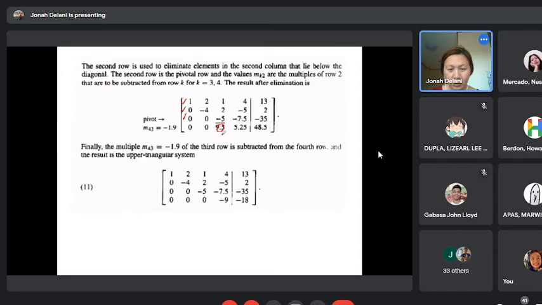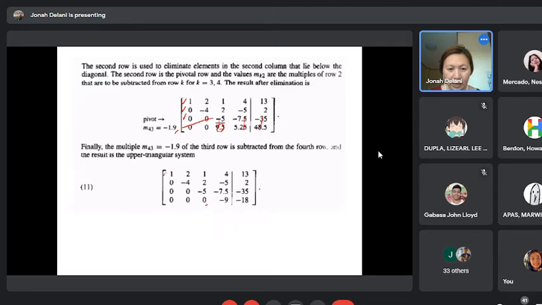What will make this 0 is to multiply by 9.5 divided by negative 5. This is negative 1.9. And then we multiply it here and then subtract. So what happens is, it becomes 0. See, it is now 0 here.